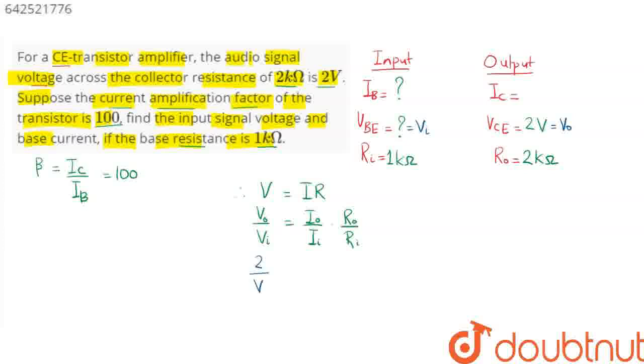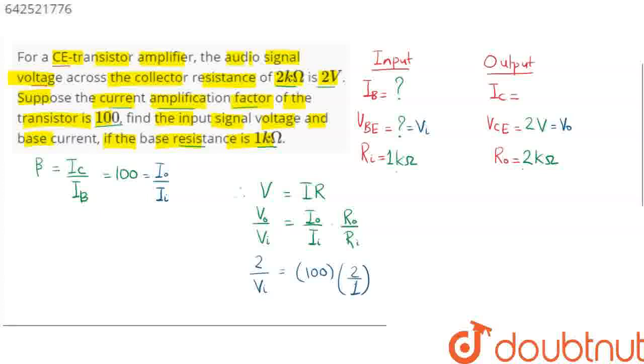Input voltage we need to calculate. Output current by input current is our current amplification factor, which is given as 100, and output resistance is 2 kilo ohm and input resistance is 1 kilo ohm. On simplification, this 2 cancels out this 2, hence input voltage is 1 upon 100, that is 0.01 volt. So this is our input voltage.